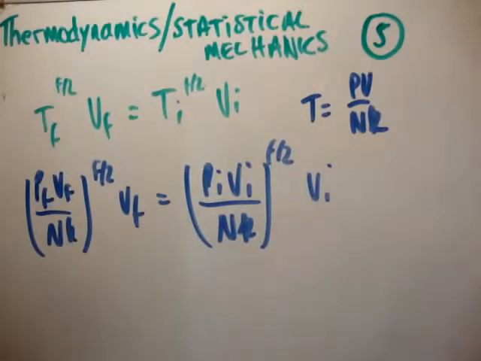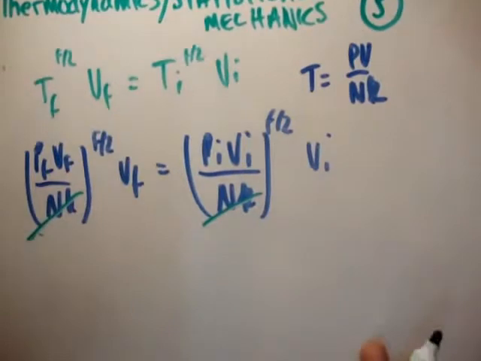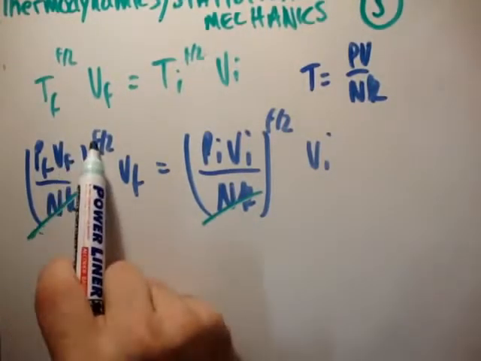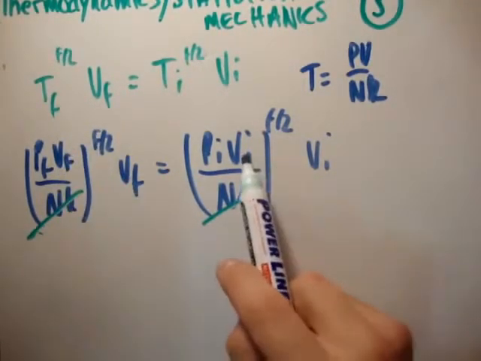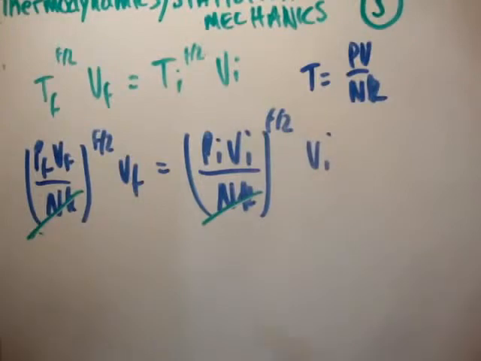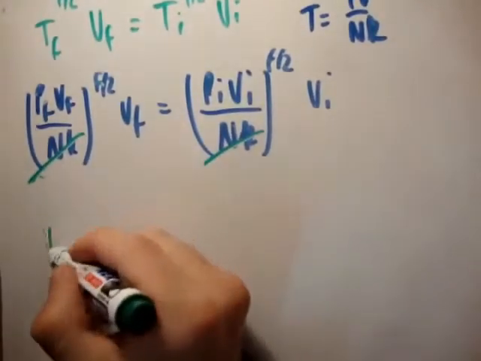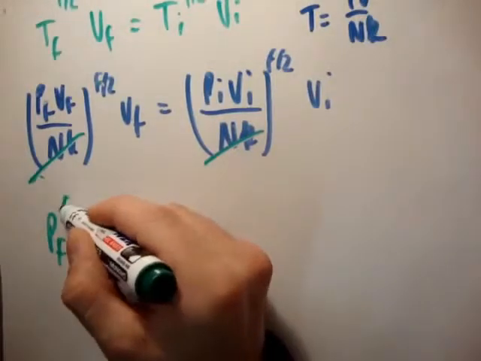These two here are constants in the bottom, so we can get rid of those straight out. And notice that we have a V_F to the F over 2 times a V_F, we have V_I to the F over 2 times a V_I, we have a P_I to the F over 2 and a P_F to the F over 2. So let's rewrite this.